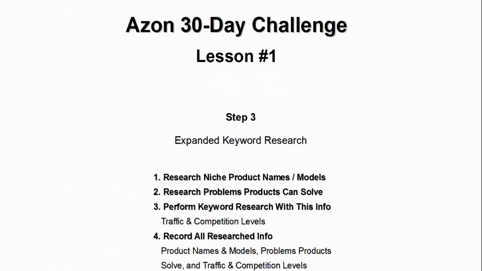And this is especially the case if the type of product that you want to sell can help to solve any kind of a problem, whether it is a personal problem, a life problem, a physical or health related problem, or simply a problem with somebody's hobby or even with their job.